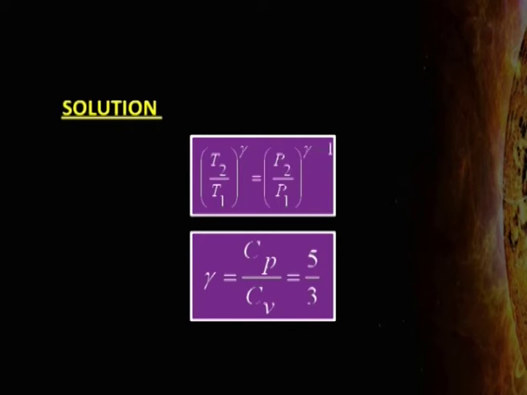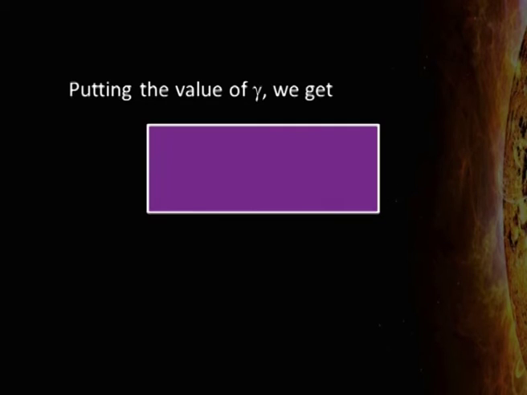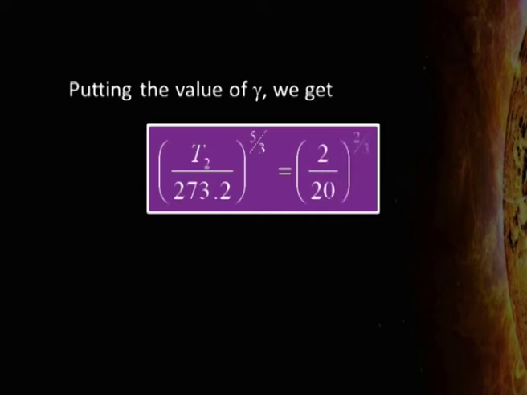Hence, gamma, that is Poisson's ratio, will be equal to 5 by 3. Putting the value of gamma in the given equation, we will get T2 upon 273.2 to the power gamma, that is 5 by 3, is equal to 2 upon 20 to the power gamma minus 1, that is 2 upon 3.